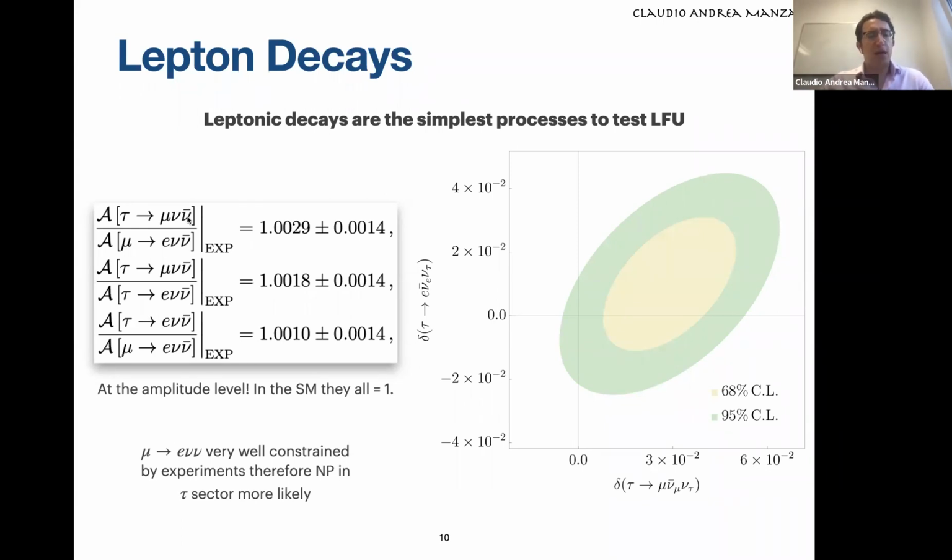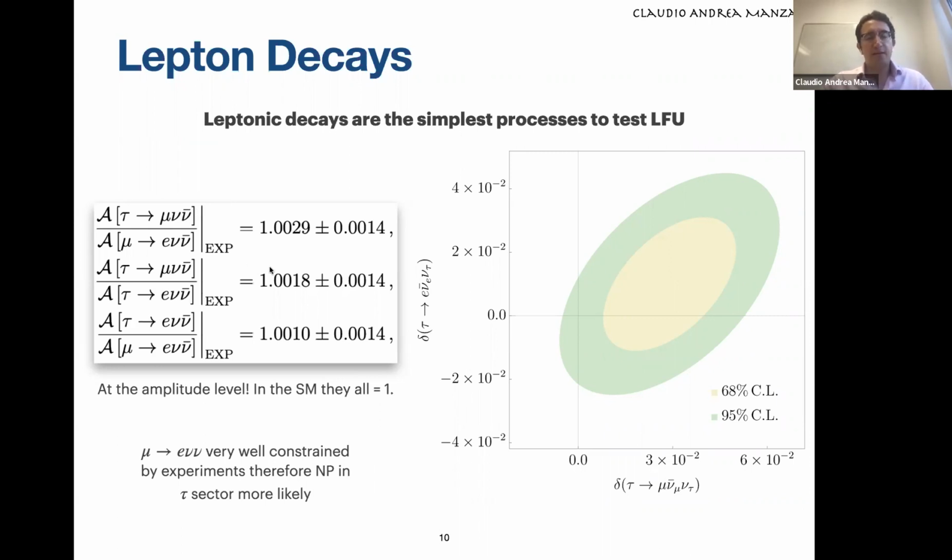Anyway, if you take the ratios of the processes tau to mu nu nu, mu to e nu nu, and tau to e nu nu at the amplitude level, in the standard model these ratios are predicted to be exactly 1, because you are factoring out the different phase space.